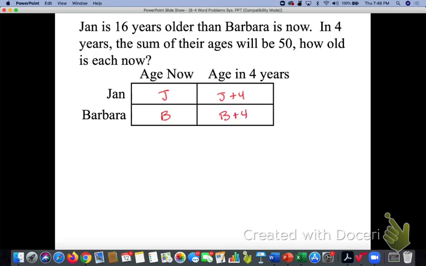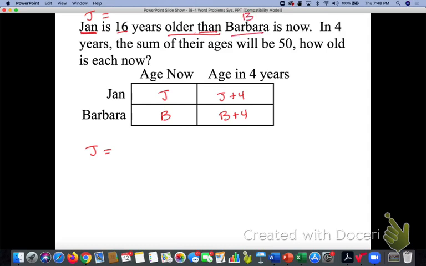Now we're ready to start translating. So when we see Jan, we write the letter J. Is, was, will be means equals. And now we have 16 older than, and we have that than Barb.